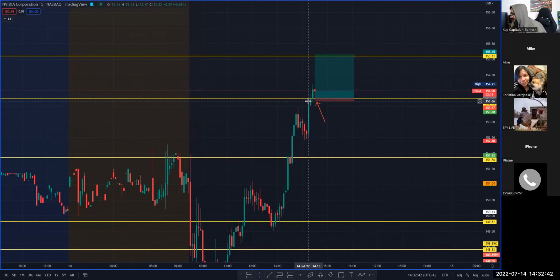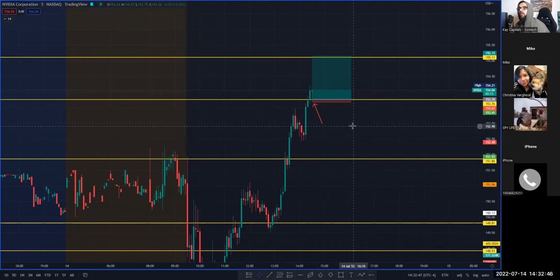Let's say the price was here, a couple of candles before this. Later on in the afternoon, you really want to place yourself at a spot where you do not take breakouts. Take breakouts and retests. Why?